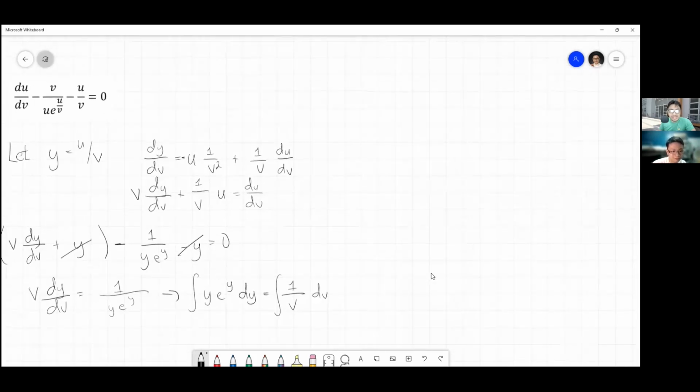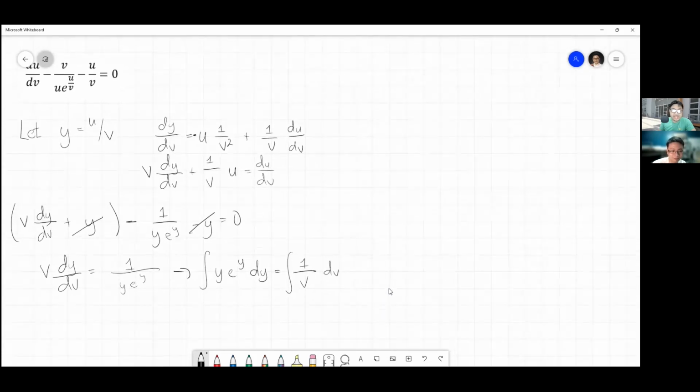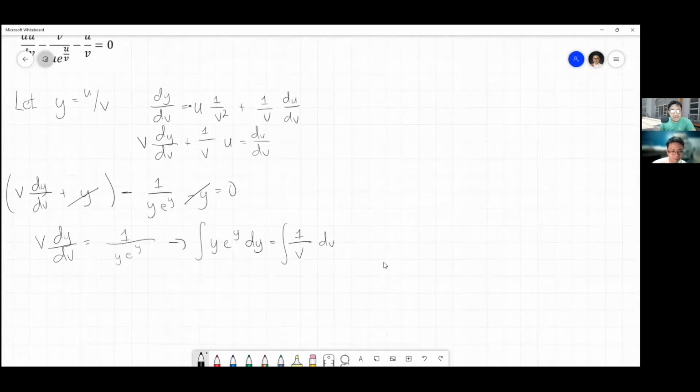Sige, dito na lang sa tabi. Okay, so y e to the y, perform kayo dyan ng integration by parts. If I'm not mistaken, sige, para hindi tayo masyadong mabilis. uv minus integral ni v du siya. So, wait lang, weird na may u tayo dito.